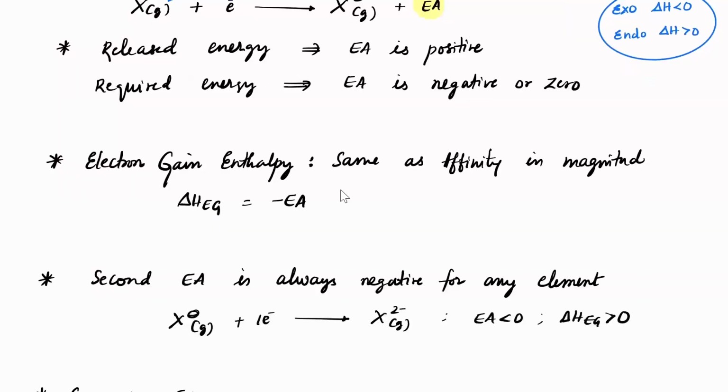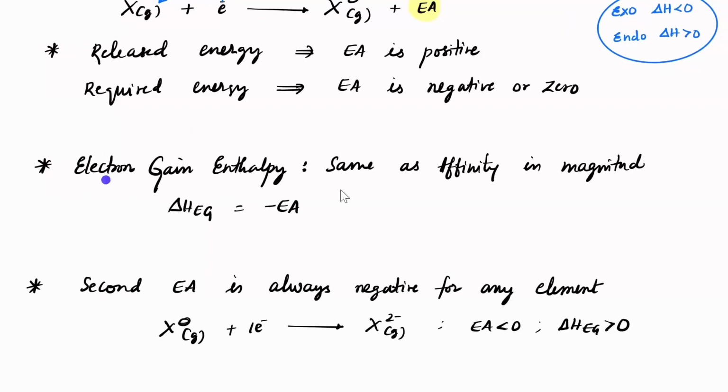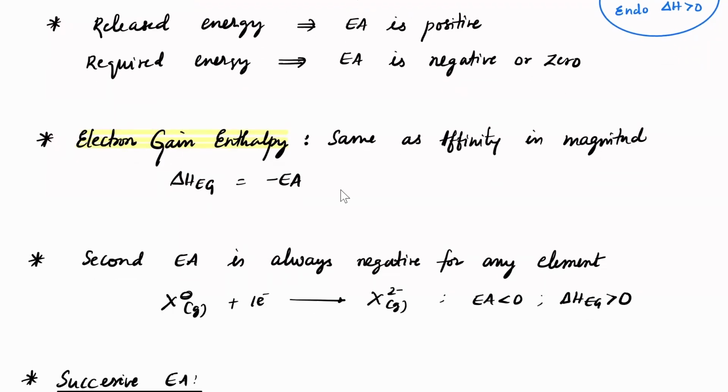So if I write the term electron gain enthalpy instead of electron affinity, a species is gaining an electron, that's why it is called electron gain enthalpy. It is the same as electron affinity, but it is the minus of the electron affinity value, because electron affinity we assume as a positive value, so electron gain enthalpy is a negative value.